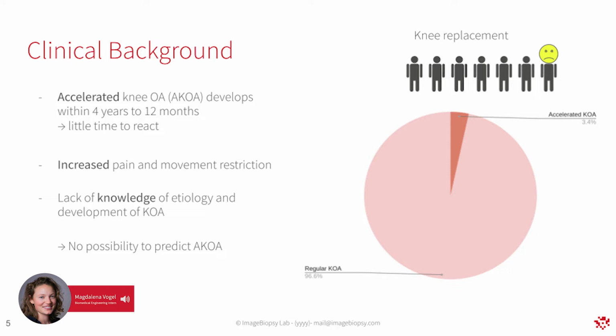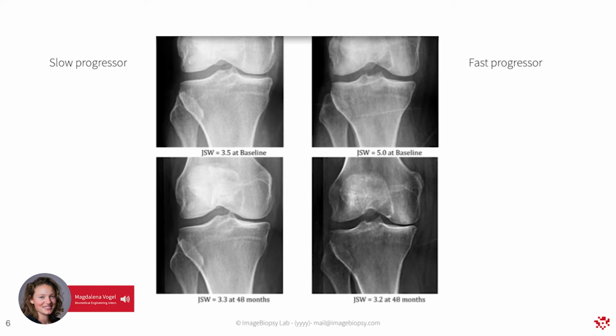Due to the lack of knowledge of the etiology and the development of knee osteoarthritis, there's no possibility to predict the accelerated form yet. Here we can see 2 examples. On the left side, there are the slow progressors, and on the right side, the fast progressor. The first image is taken at the baseline visit, and the second image 4 years later.